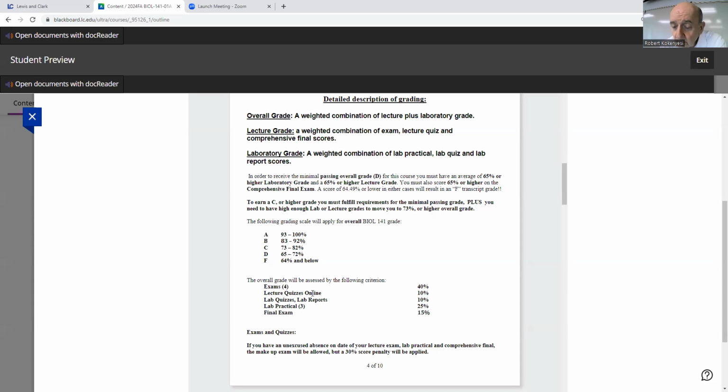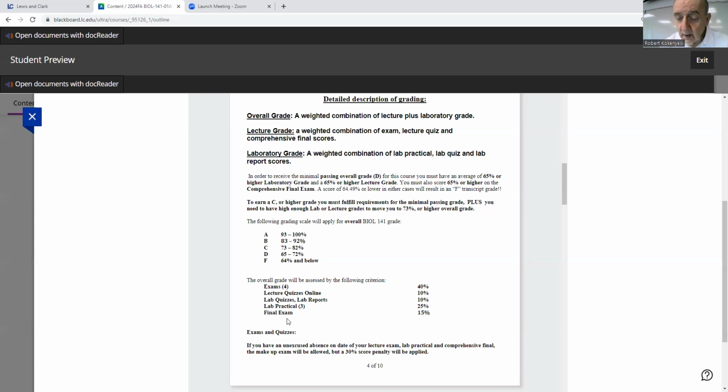The lecture quizzes will come to you through an entry point in your class shell. Lecture exams we'll do face-to-face on paper. You'll be filling out a Scantron sheet to complete your lecture exam. The comprehensive final also counts towards your lecture grade.